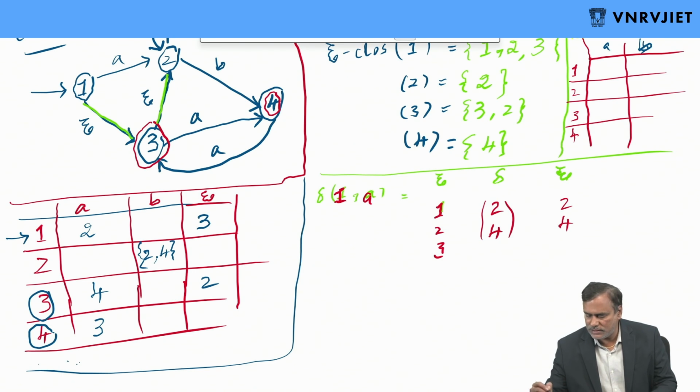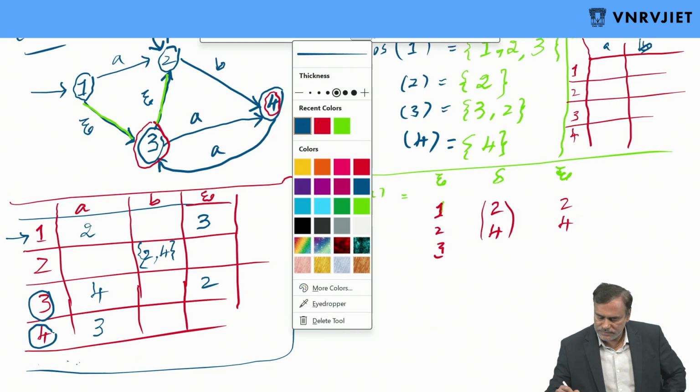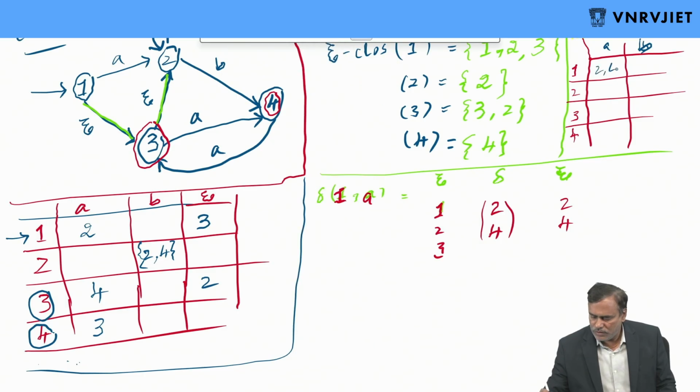That color is not visible, I can change it. So 1 on A, what you have got is 2, 4.